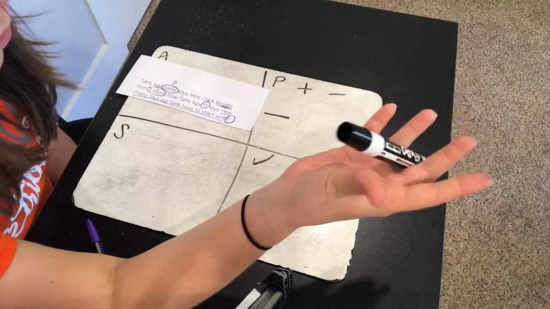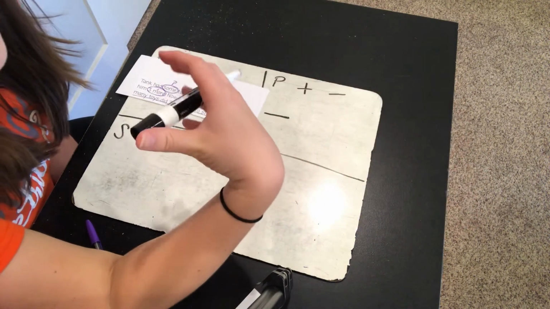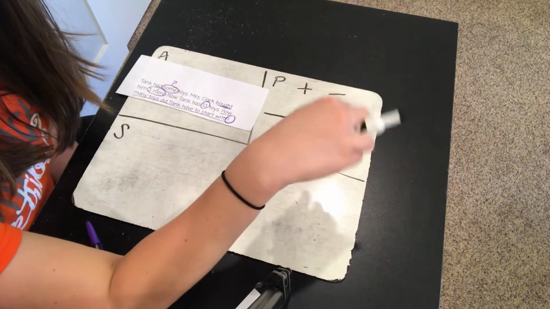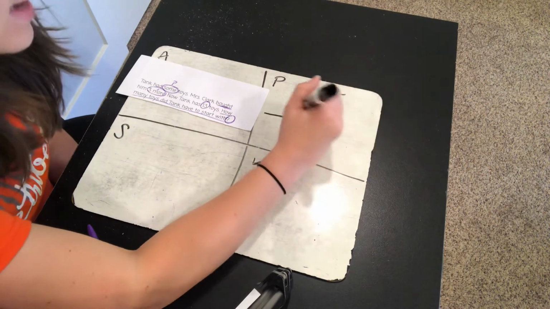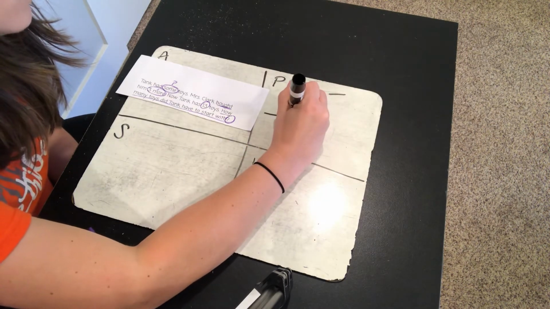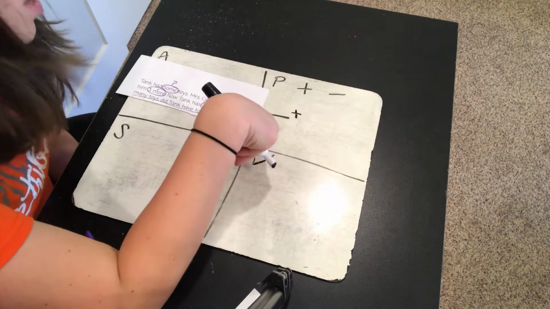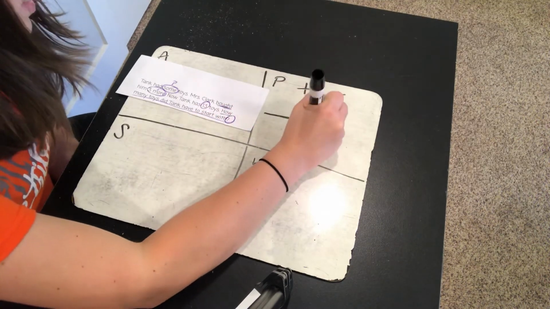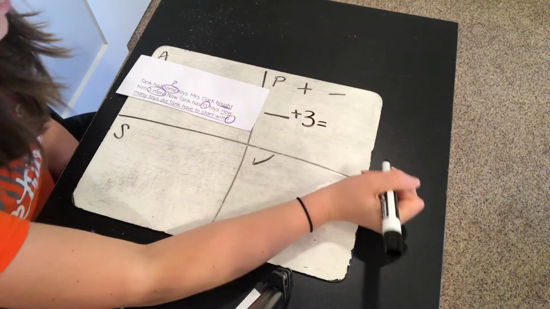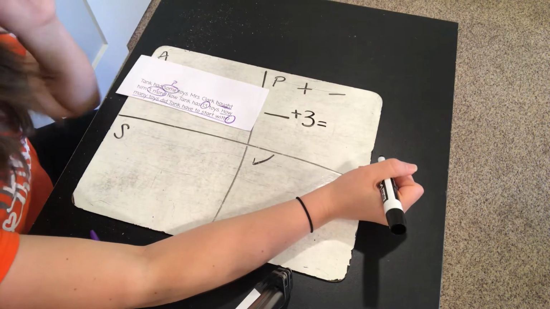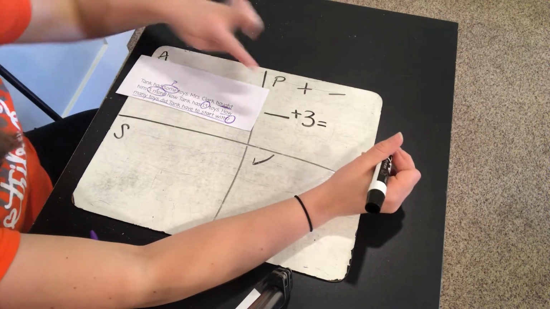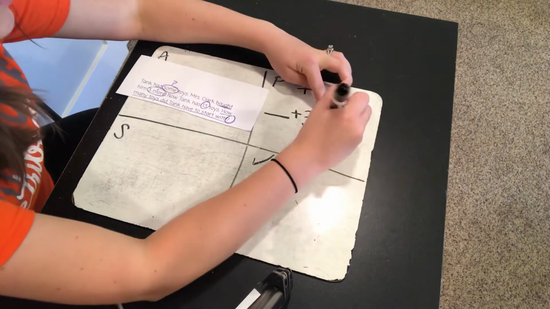If I, Mrs. Clark, am buying him 3 more toys, am I adding to his toys or taking away? I'm adding because I'm getting him more. So some plus 3 equals, now Tank has 13 toys. So something plus 3 equals 13.